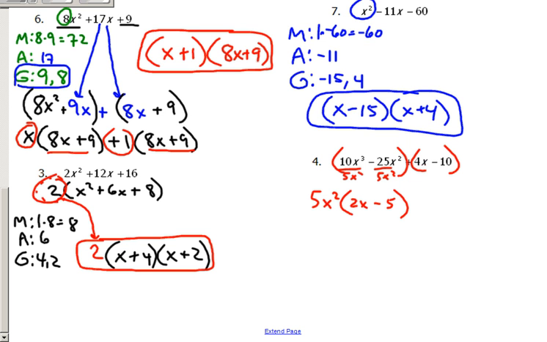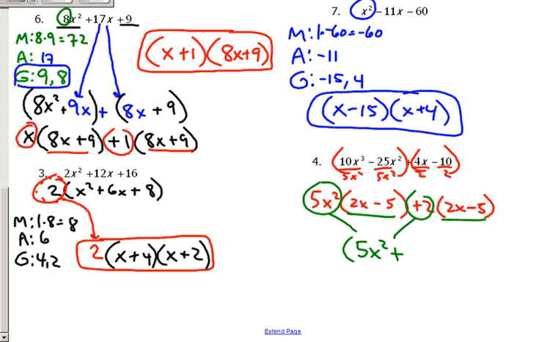Out of the back, I'm going to take out a 2. It gives me 2x minus 5. We're in business because these 2 parentheses match. So that means that this and that come down. That's my first parentheses. My second parentheses is obviously going to be 2x minus 5.